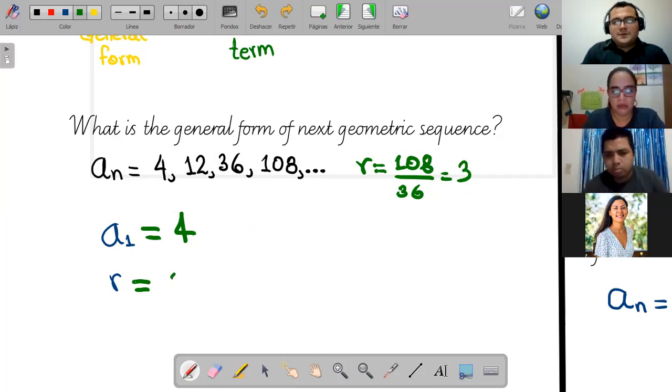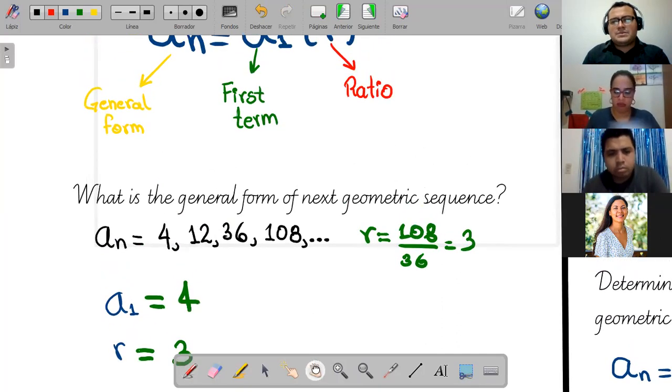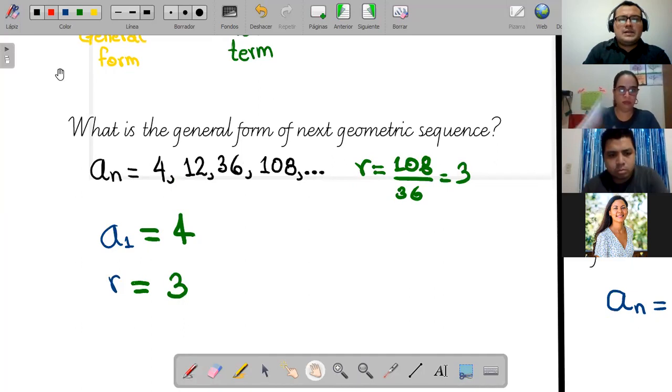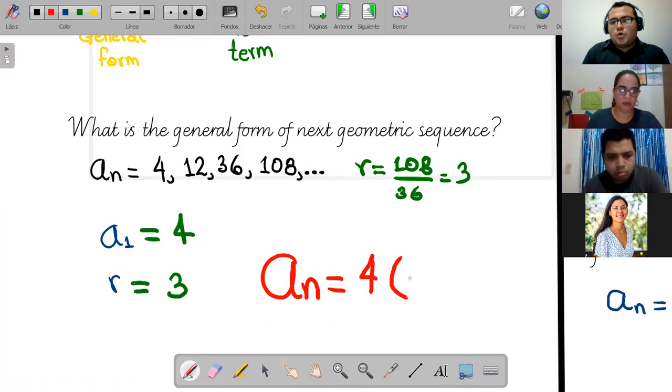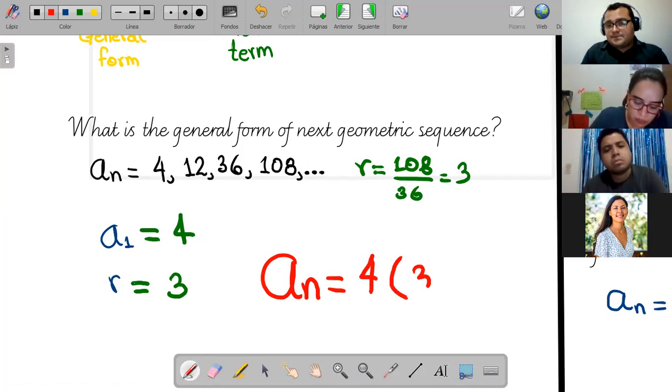So the value of r is 3, and the way to write this is quicker than the other one. It doesn't require much procedure, honestly. The general form can be written quickly as a sub n equals your first term, which in this case is 4, times your ratio, which in this case is 3.